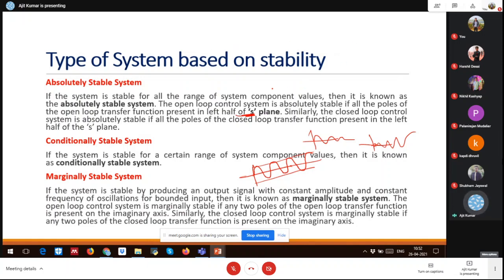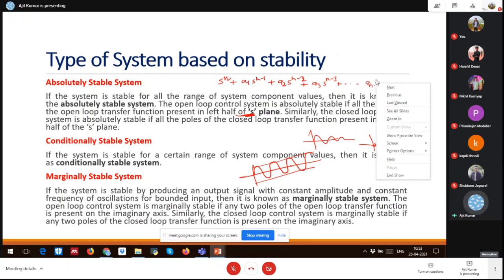And about the S plane, left side or right side, it is something like this. We have the generic characteristic equation as s^n + a1 s^(n-1) + a2 s^(n-2) + a3 s^(n-3) + ... + an = 0.